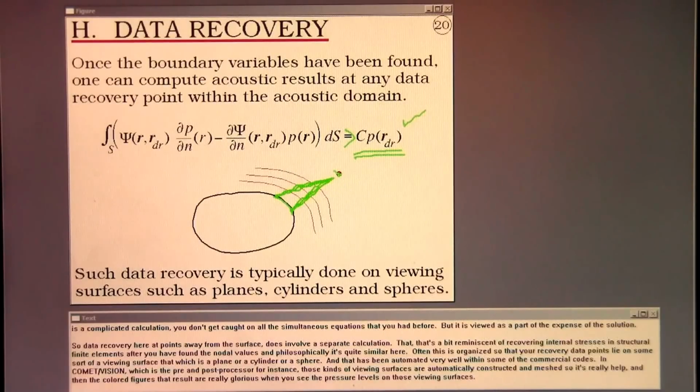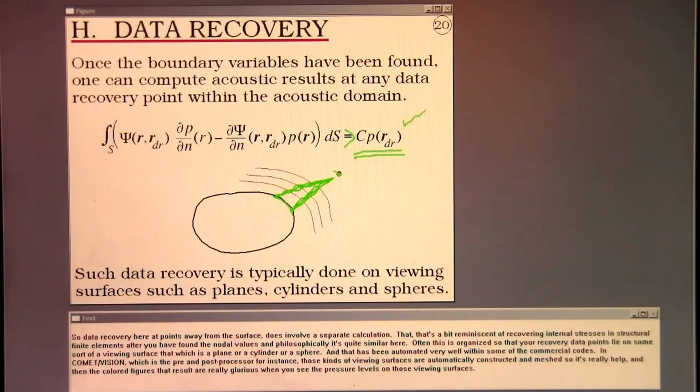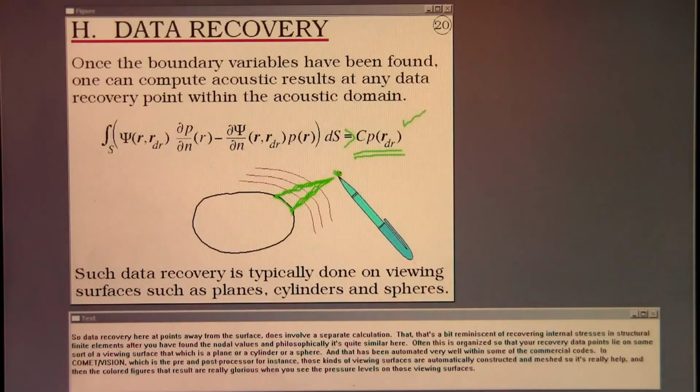In Comet Vision, which is the pre- and post-processor, for instance, those kinds of viewing surfaces are automatically constructed and meshed, so it's really a help. And then the colored figures that result are really glorious when you see the pressure levels on those viewing surfaces.